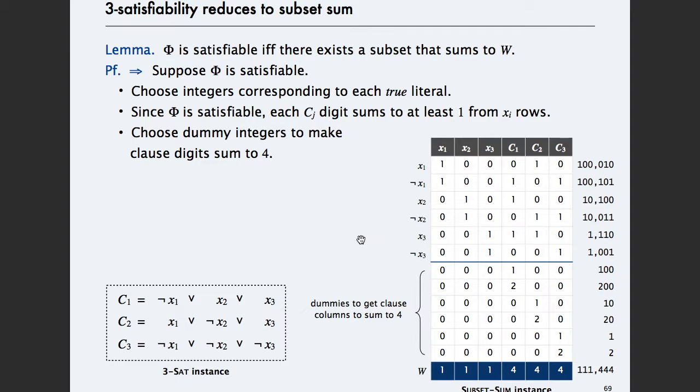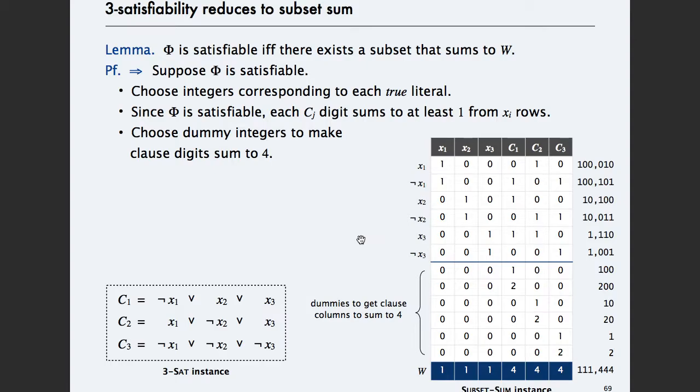In this example, we only have 3 variables. We could have way more than 3. And then I'm also going to create one row, one digit per clause, per disjunction. Does that make sense?